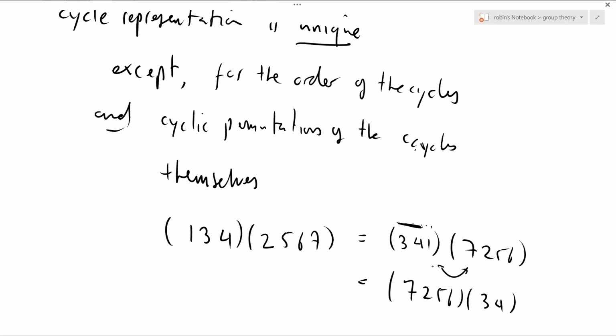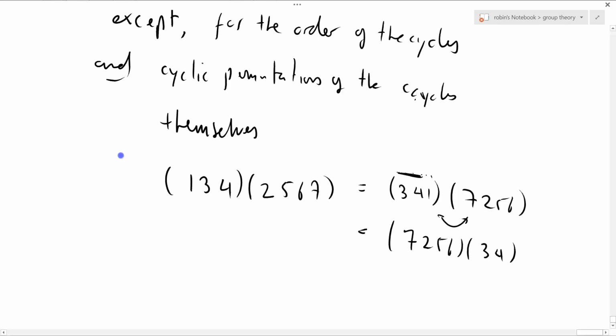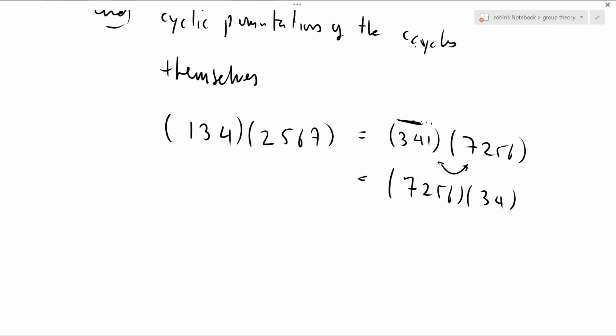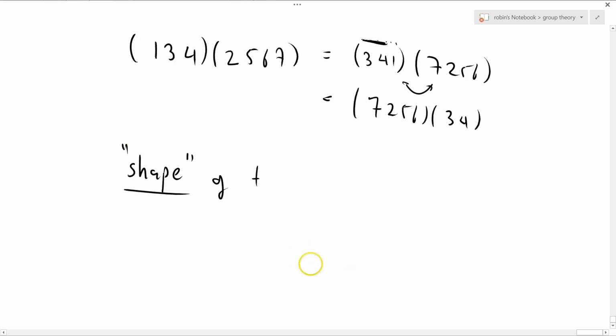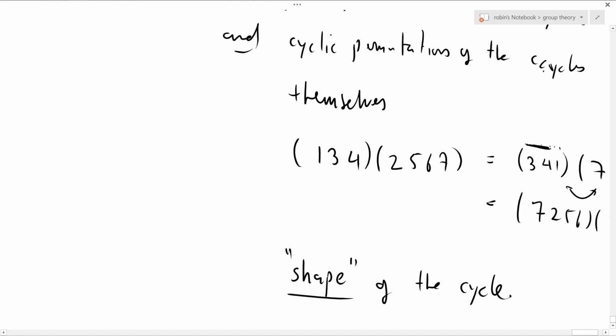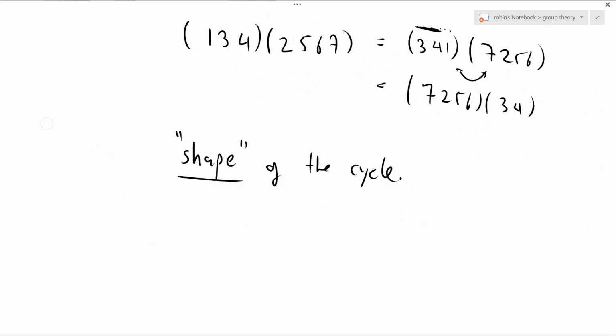Okay. Well, that's the place to start, and we've also got another notation which is called the shape, I'll put that in scare quotes, of the cycle. Well, you normally write that with a multiplicative notation, and you normally write it down as something like this: 1 to the alpha 1, 2 to the alpha 2, 3 to the alpha 3, all the way up to n to the alpha n.